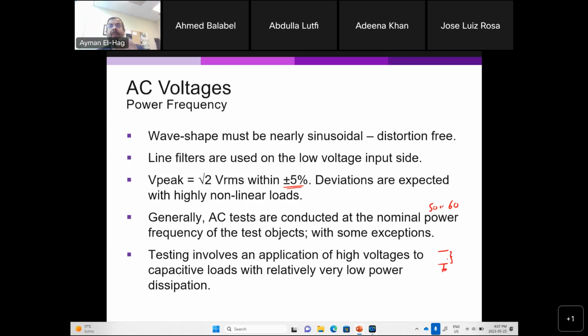We are not interested in testing the magnetic material or the conductor. We are interested only in testing the insulation material. And when we say insulation material, it means the capacitance of your asset. That is the one that will receive the current. So we look at the asset as a capacitor.